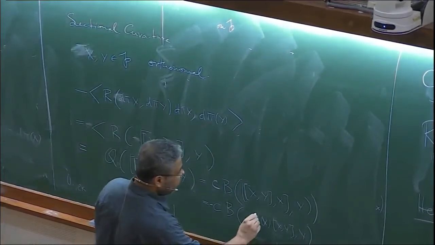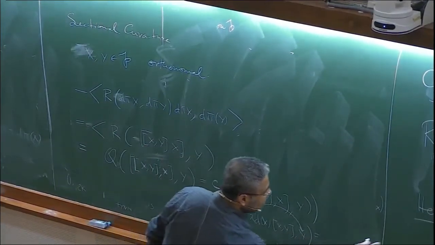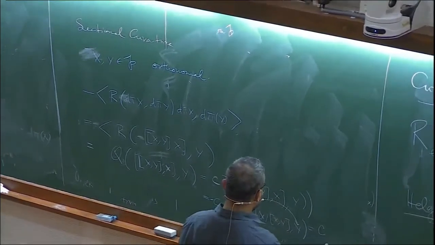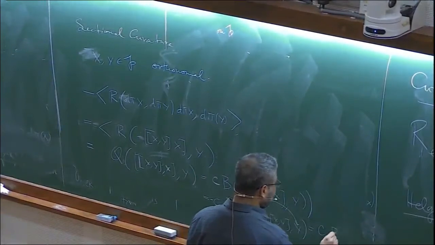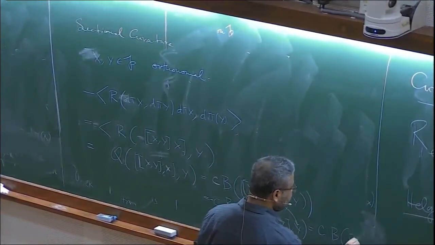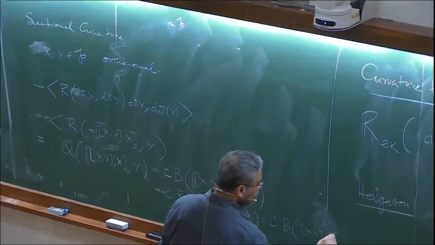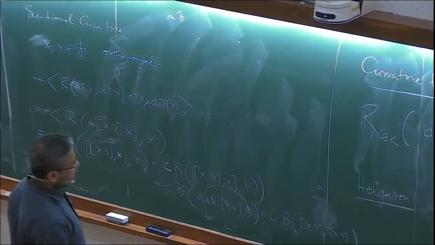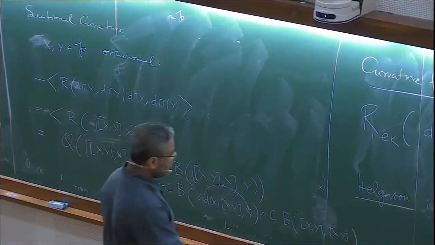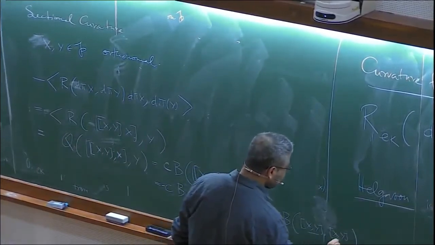So I take this here, I have a minus sign, I'm taking this here, so I again get a minus sign, so this is going to be B([X,Y],[X,Y]). I'm in good shape. So this is precisely C times B([X,Y],[X,Y]).